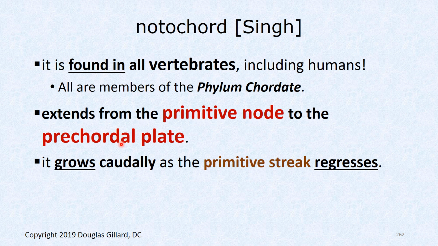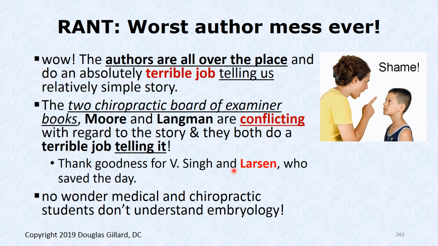As it grows, the primitive streak is going to regress or shrink in size. That's how it continues to grow backwards, caudally. So first it grows cranially until it bumps into the prechordal plate, and then it grows caudally as the primitive streak regresses.